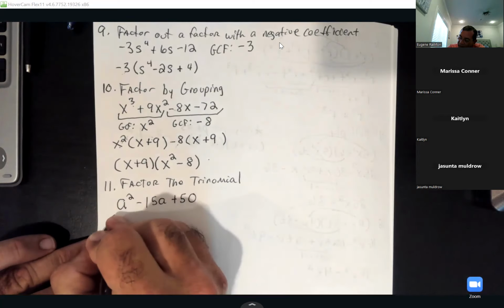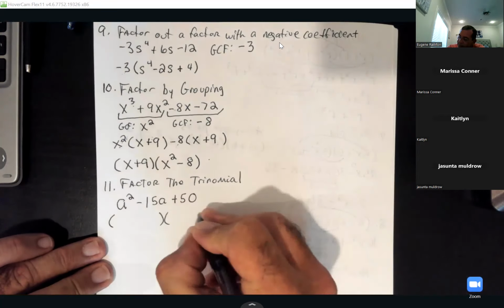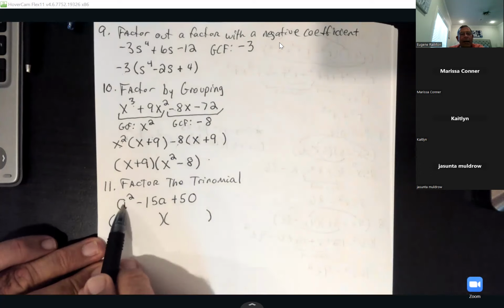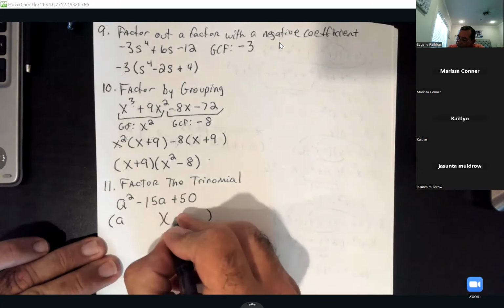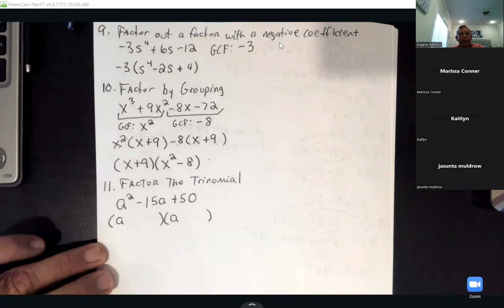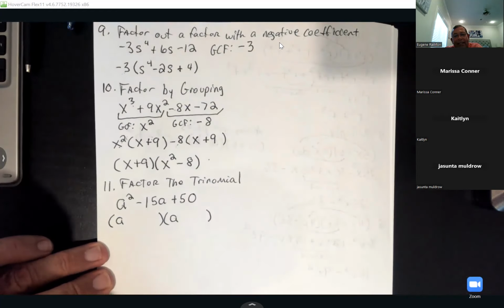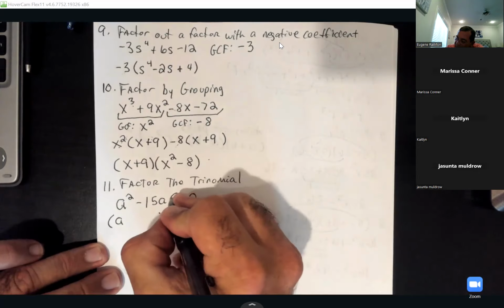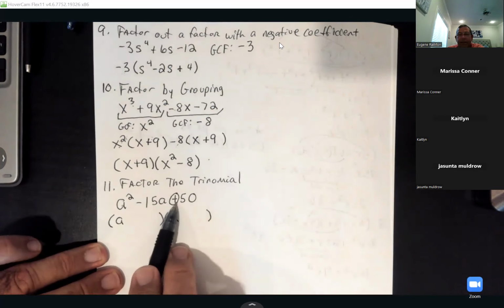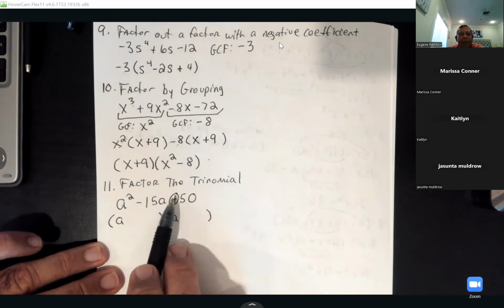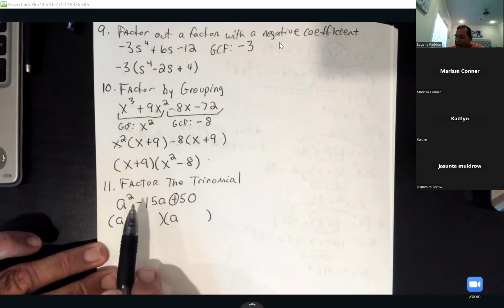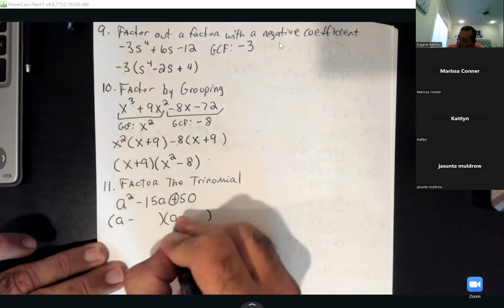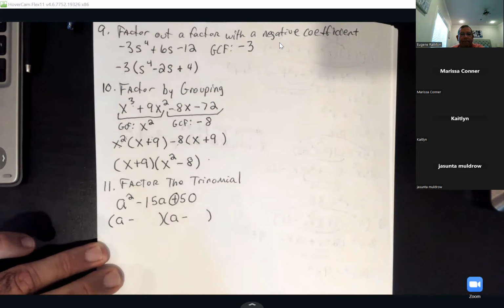So we're going to go straight into our parentheses. A squared puts an A in the front of both of these. Now, y'all, here's where I'm going to put my signs in. Remember, this last number is positive. Anytime the last number is positive, both of these factors will have the same sign as that middle number. So they'll both be minus.